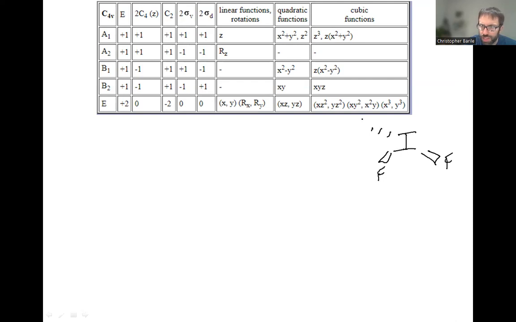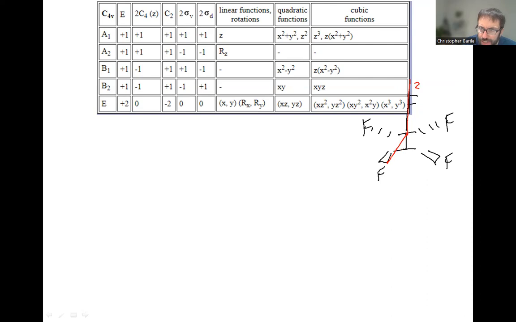It's sort of the simplest C4v type of molecule you can think of. And so there's the square pyramid, and then there's the apex of the pyramid. How we define things here is that our z-axis is where our principal rotation axis is. We always have to define the z-axis that way for the character tables to work. That's how the character tables are defined.